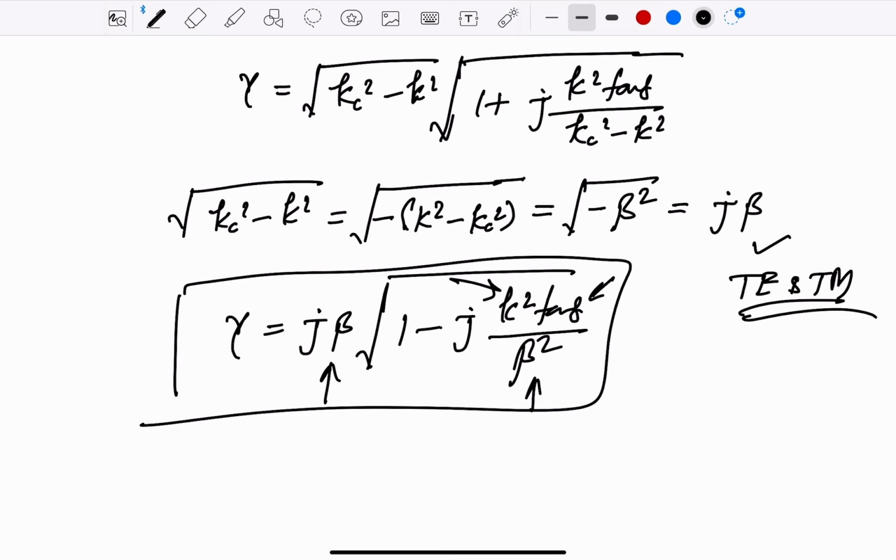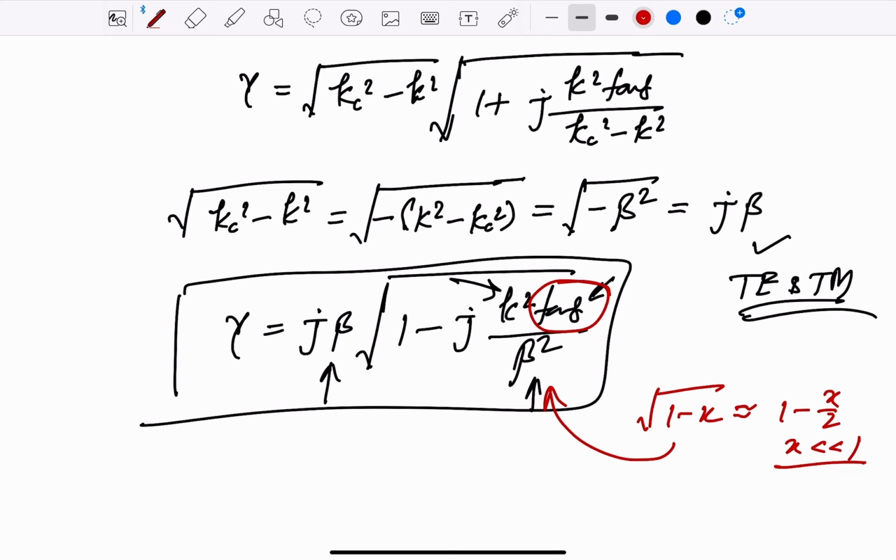So the loss tangent, tan delta, is small. If so, we can use a series approximation, square root of 1 minus x as 1 minus x by 2, where x is very much less than 1.